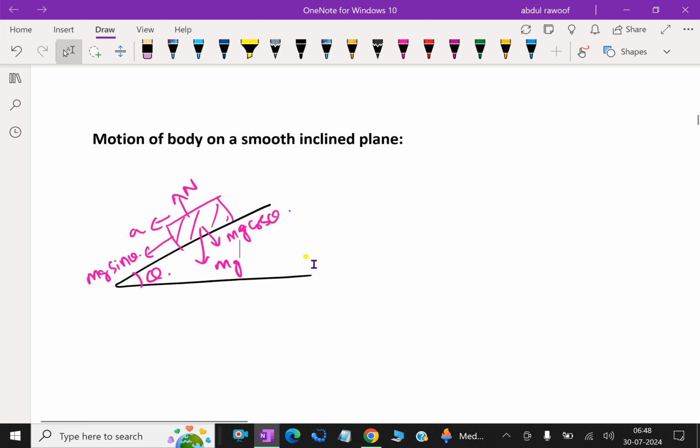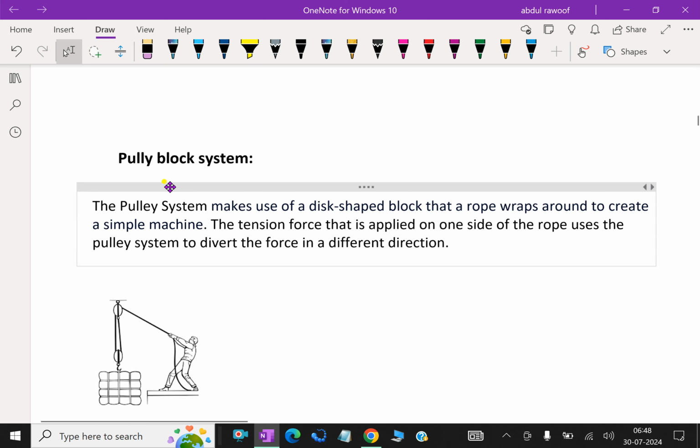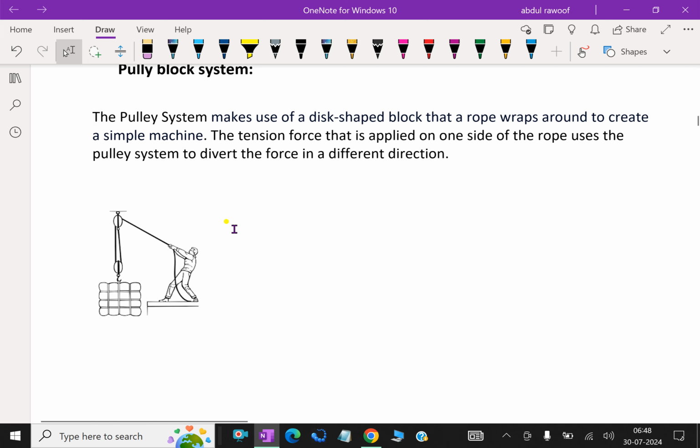Next one, pulley block system. A pulley system makes use of a disc-shaped block that a rope wraps around to create a simple machine. The tension force applied on one side of the rope uses the pulley system to divert the force in different directions.